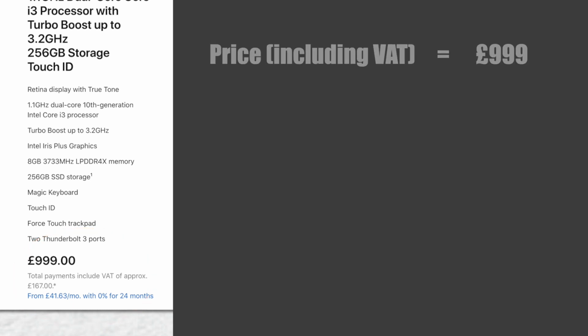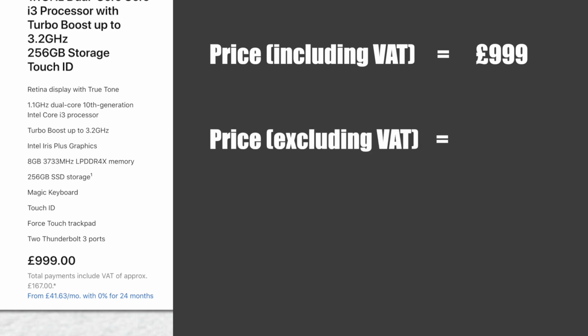So the sale price, including VAT, is equal to £999. Therefore, the price excluding VAT must equal £999 divided by 1.2, which is equal to £832.50. So there's our price excluding VAT.